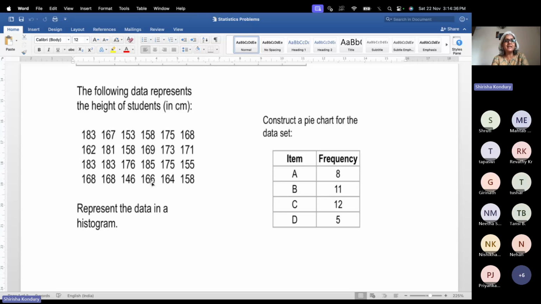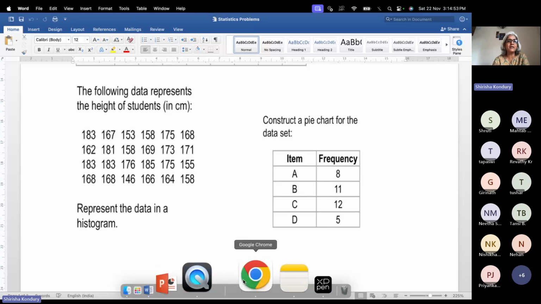So if I'm looking at the data, I think I can set 140 as the minimum and maybe 190 as the maximum, because I'm not seeing any value less than 140 and more than 190. And maybe I can do bins of 10, but that's up to you how you want to look at it.